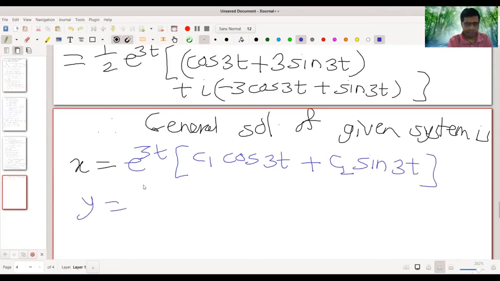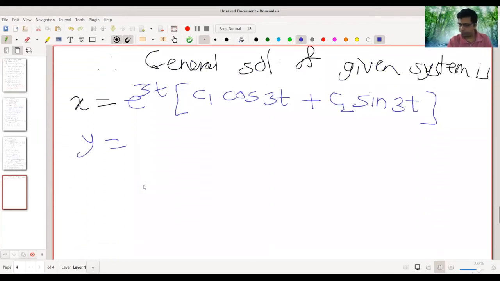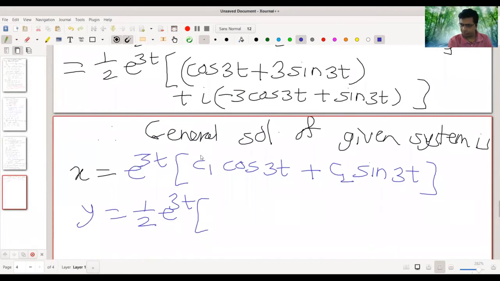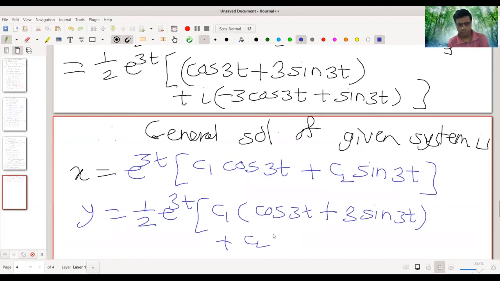Y equal to 1 half e raised to 3t into C1 into cos 3t plus 3 sin 3t plus C2 into minus 3 cos 3t plus sin 3t.